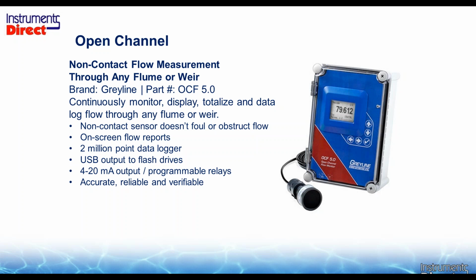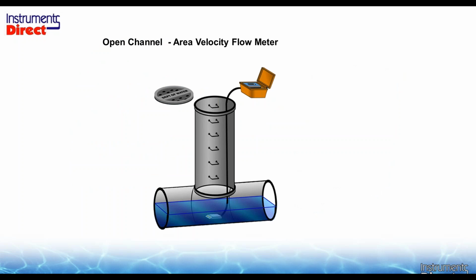So it's non-contact from an old technology, making life a little easier. And this is just an example of that. Again, you can read flow rate, you can read total, you can pace a sampler with it, and then again, you can use an analog output for your SCADA systems, or you can log the data.